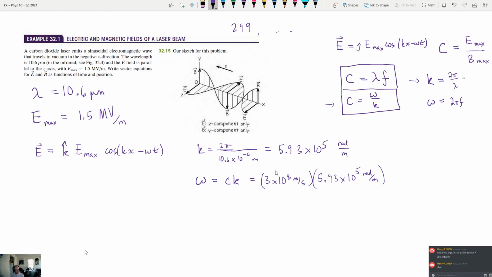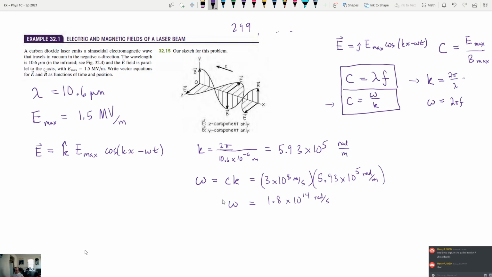In this case, it's 1.8 times 10 to the 14. That's pretty close to visible light, but I think it said it was an infrared laser. Okay, you guys agree with that? 1.8 times 10 to the 14?